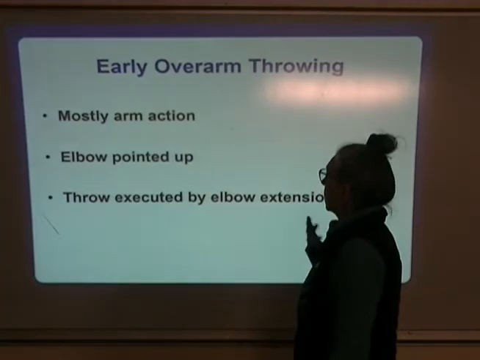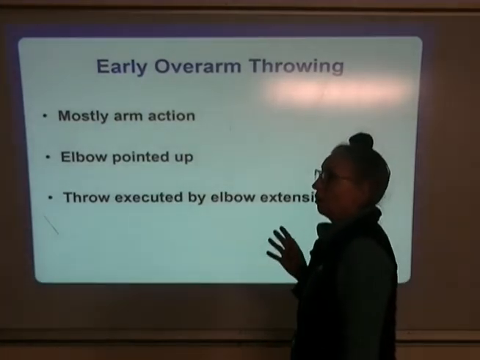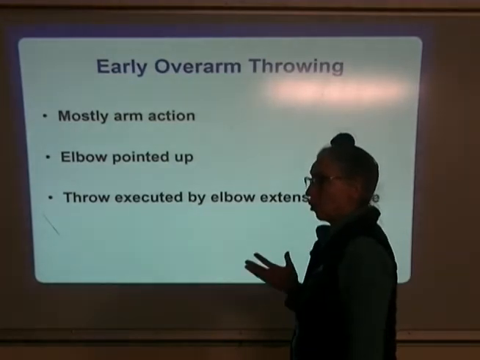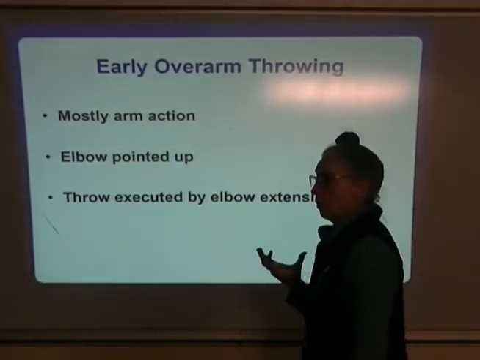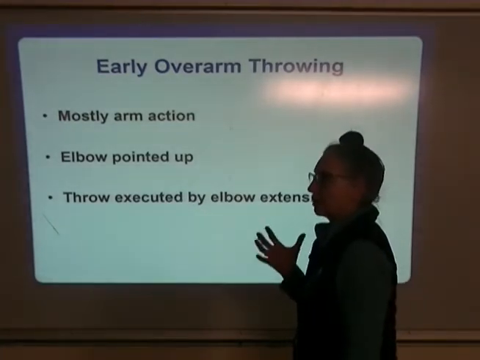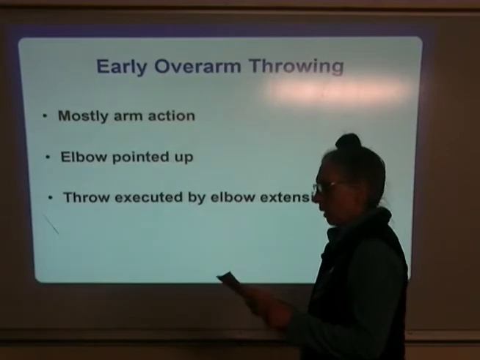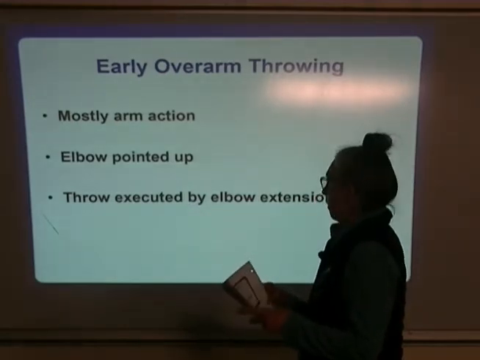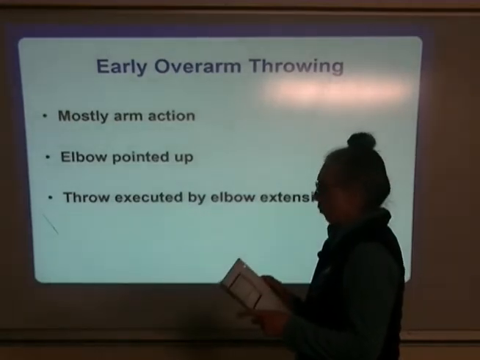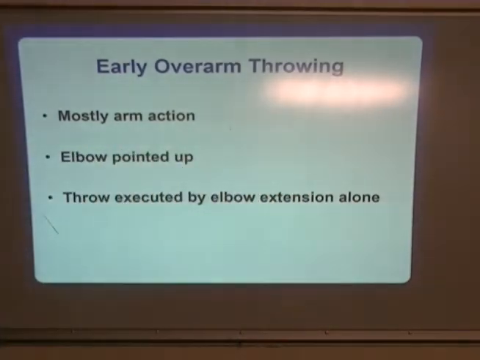Particularly if we're looking at children who are younger than 3, toddlers would throw like this unless they've got a very experienced older sibling or parent that's working on throwing with them. Right? And then remember that in stage 2, we also don't see any foot action.